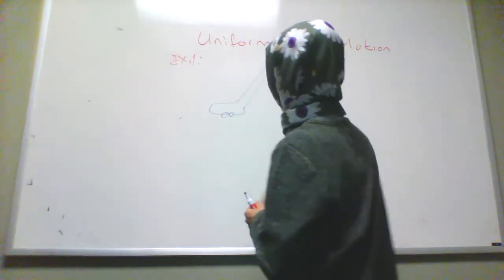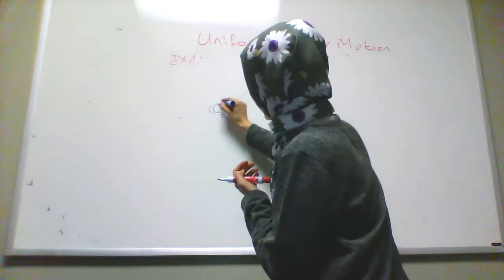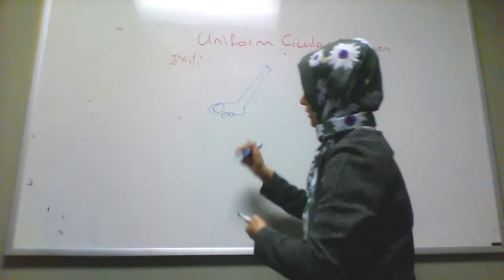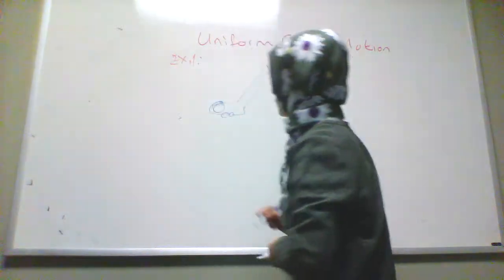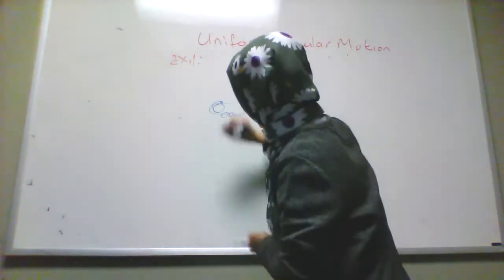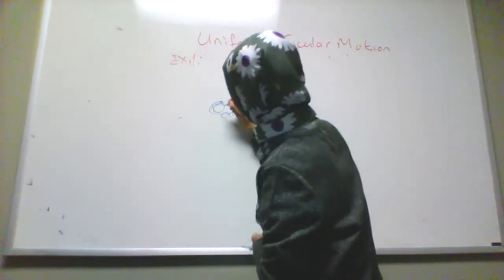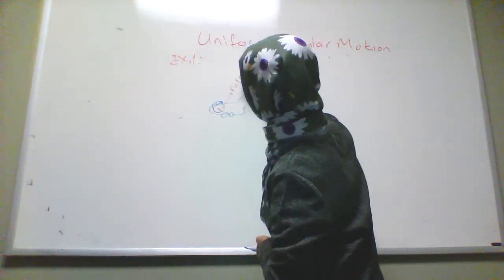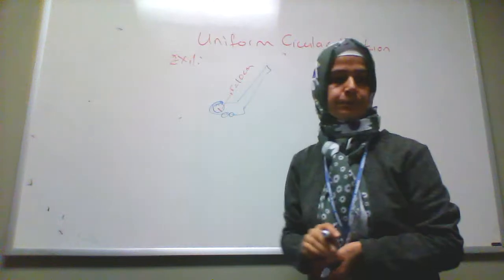Let's say this is a vacuum cleaner. We're cleaning. There's a motor inside taking the dirt inside by just taking the air. So rotating, having a uniform circular motion, and it has a radius of 10 centimeters. R is equal to 10 centimeters.